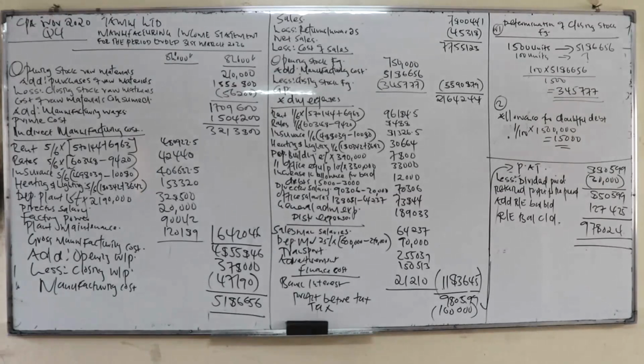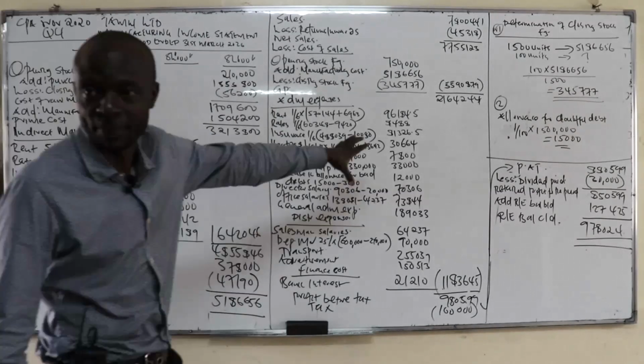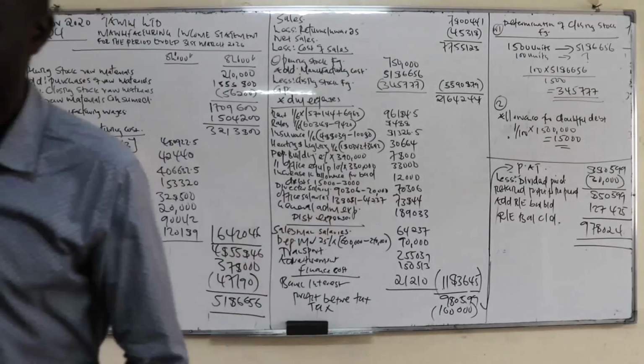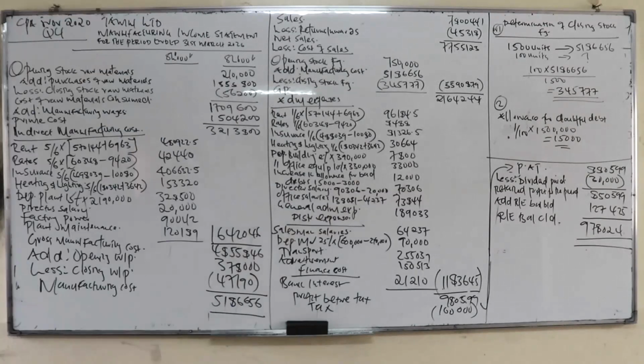Anything you find in the trial balance means it has been paid. So if there is any provision, it means not yet paid, so you find it in the additional information. You recognize it, add it to the other expenses, and then take it to the balance sheet as a liability. So if you can't find the director's fee in the trial balance, you only find it in the additional information, meaning not yet paid. Are we together? So you can write that.